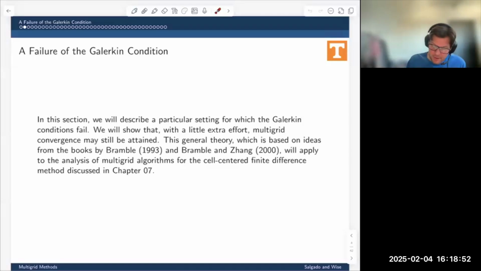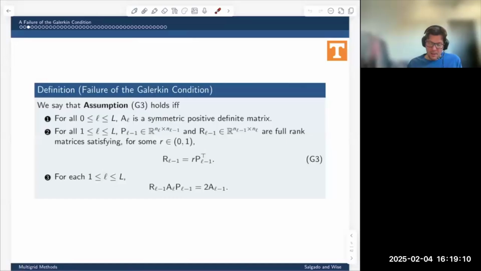He wrote a book and then an influential article, which is in the Handbook of Numerical Analysis with a former student, I believe, in 2000. A lot of the material in this chapter is obtained from that source. A lot of things are different from that source, though the style is somewhat similar.